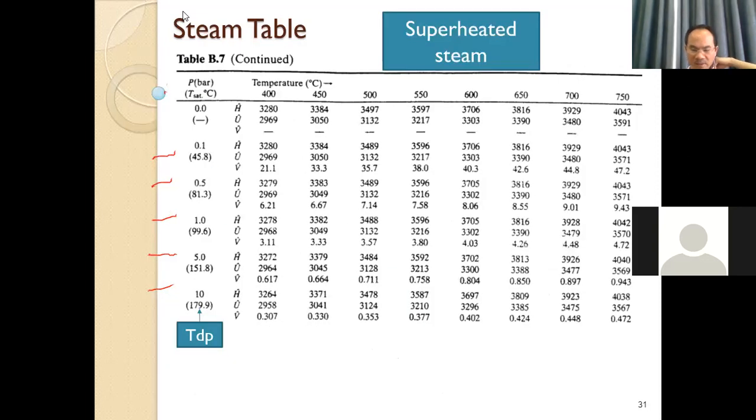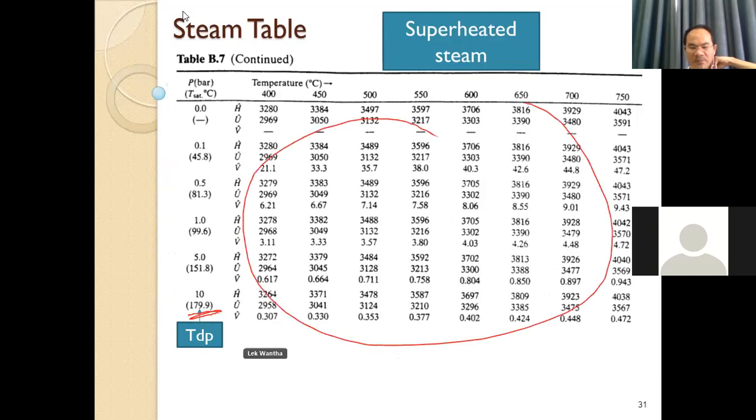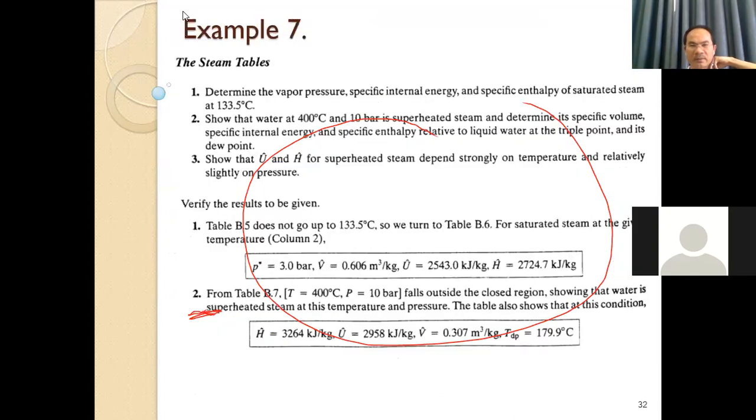All of this is superheated. From the superheated side, the saturation temperature is the dew point because this is vapor form. That means the vapor condenses to liquid.